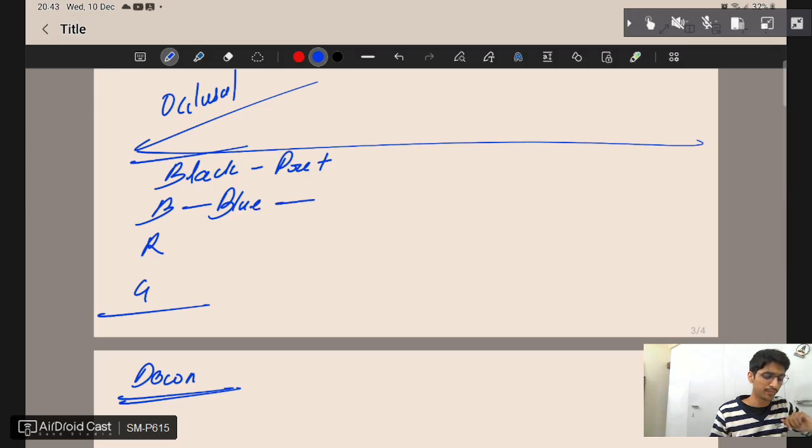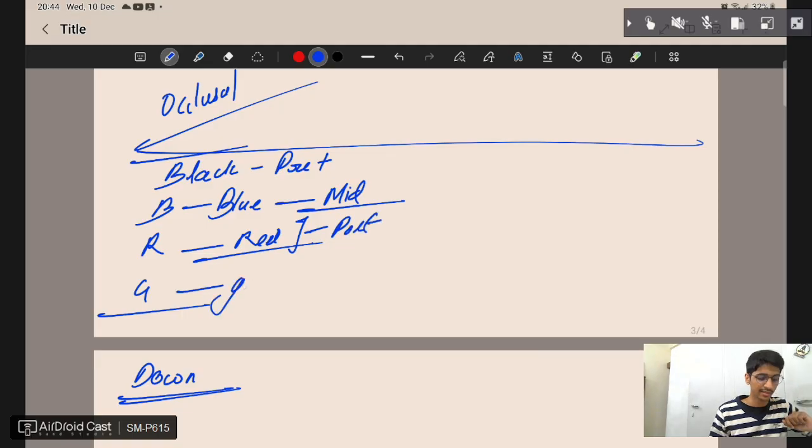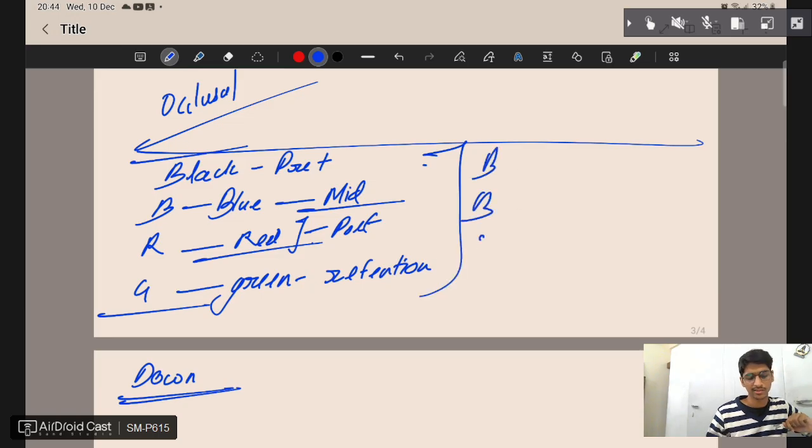Then it has blue, which is mid-treatment, because the mid phase of every relationship is the blue phase. After that it is the red phase, post-treatment, and after that it is green throughout the retention. So just remember BB Raji and relate your life: pre-treatment, mid-treatment, post-treatment, and retention.